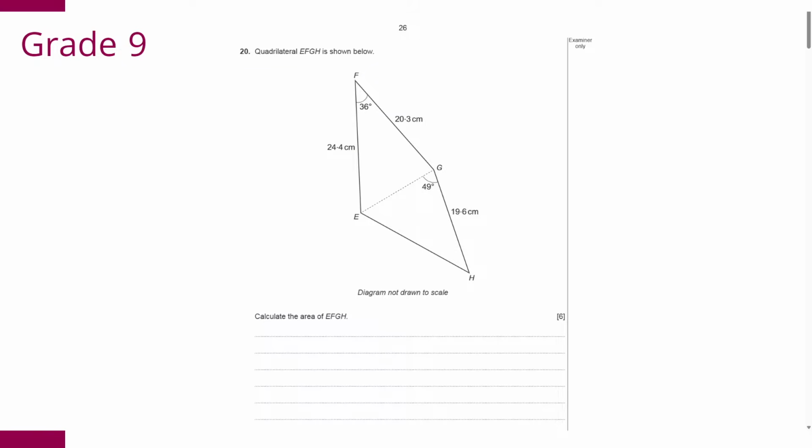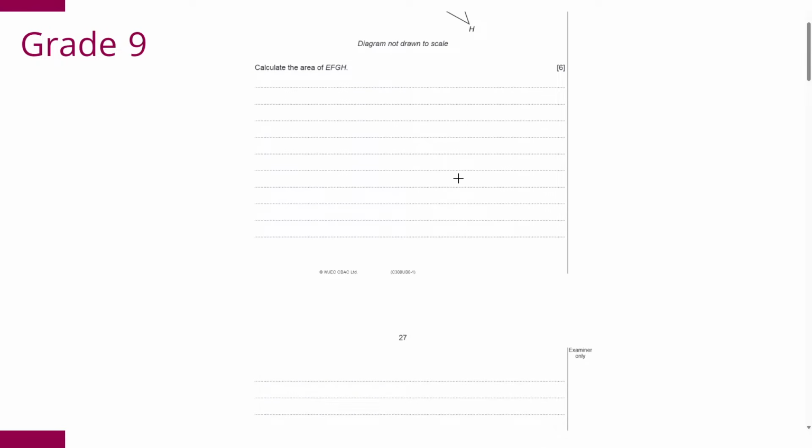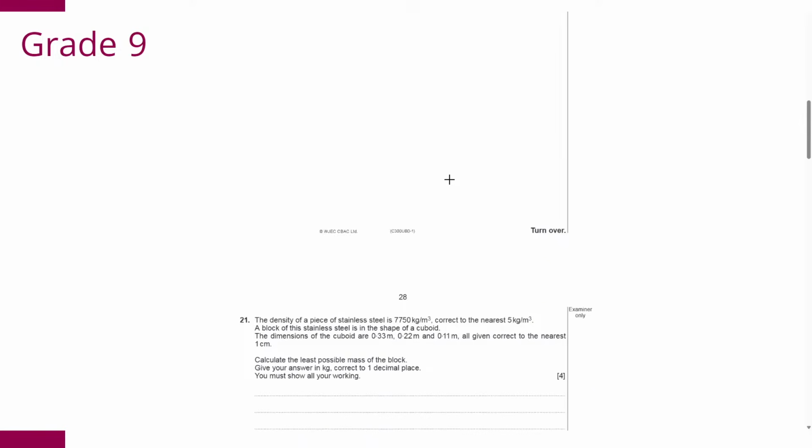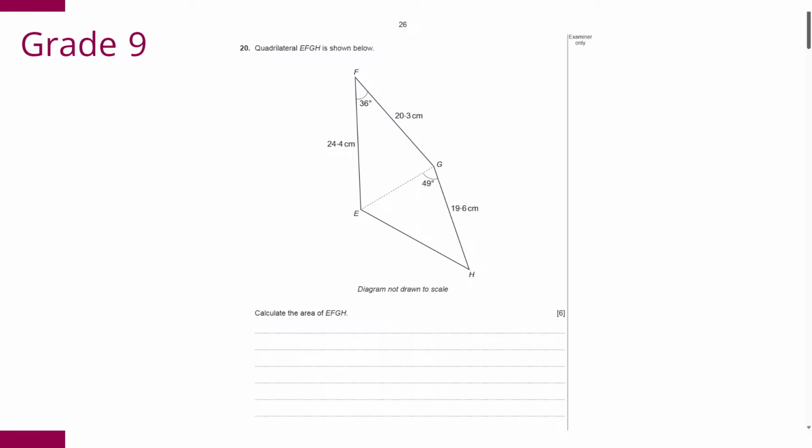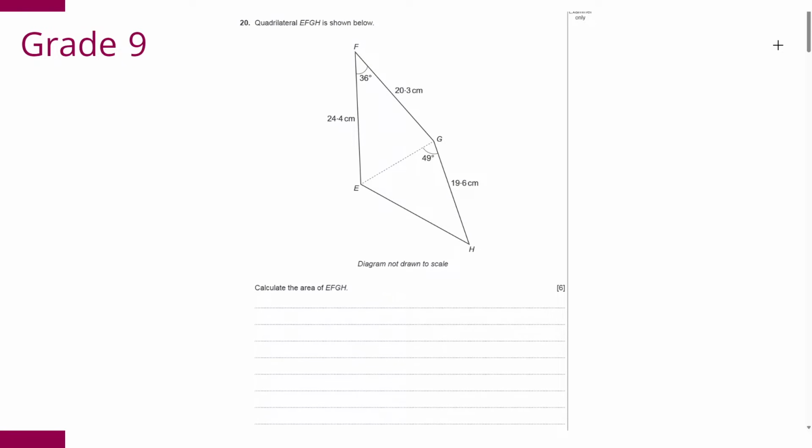Yeah, I don't really know what we're doing with this one. Right. Okay. So calculate the area. So we're looking for area here. Don't know where to start this. Quadrilateral, calculate the area of EFGH. So calculate the area of the whole thing.